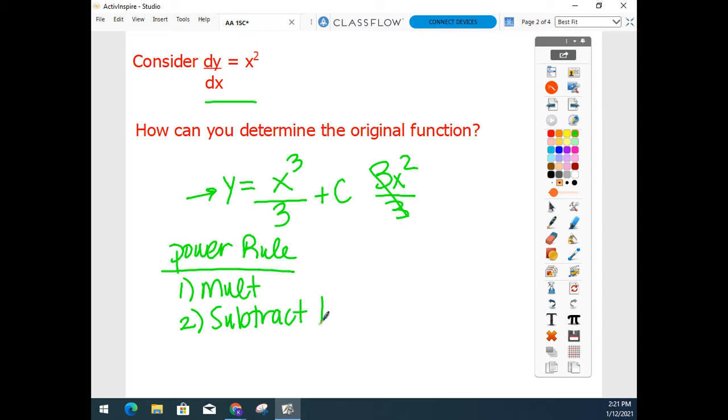So if I want to undo this, does it make sense in the anti-differentiation? I would reverse it. So the first thing I'm going to do is add 1 to the exponent and divide by that exponent. That's where this came in, because we need to undo this process. So if the power rule is to multiply and then subtract 1, backwards we're going to add 1 and then divide.